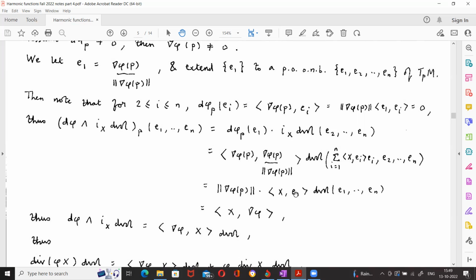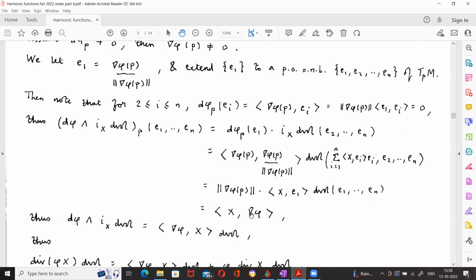Then I'll get X E1 and then dvol of E1 to En, that is equal to 1. So I'll just get norm grad phi into X into E1. And norm grad phi into E1 is equal to grad phi, by definition of E1. So finally, this will just boil down to X inner product grad phi.